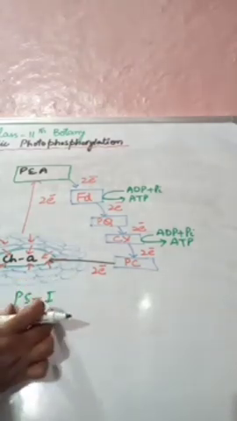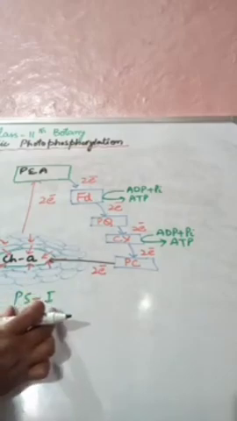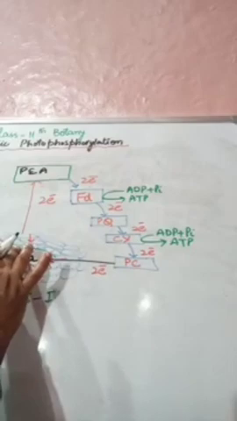But in this case, only photosystem first is involved. When a pair of electrons gets excited, it is accepted by the primary electron acceptor. Then it is at a higher potential energy.